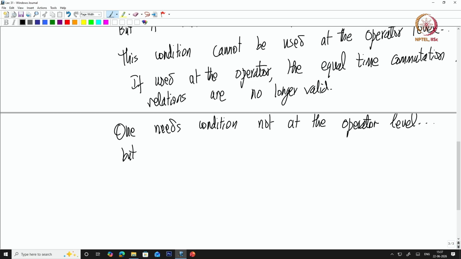So, we don't want conditions at the operator level, but directly at the Hilbert space level, or otherwise the Fock space level.